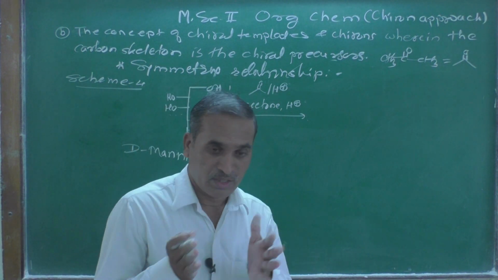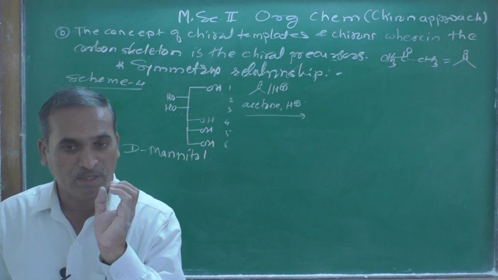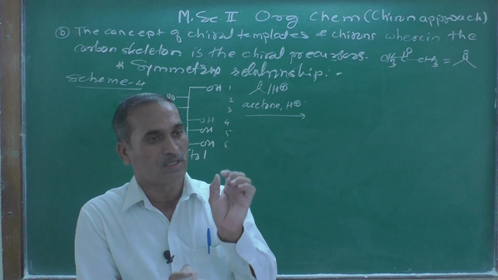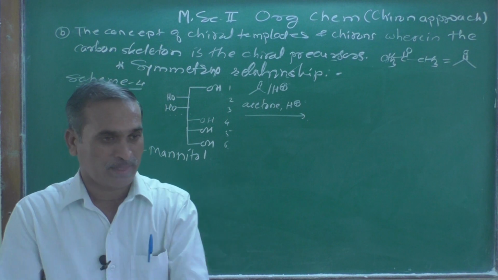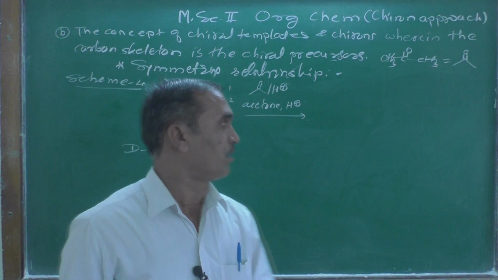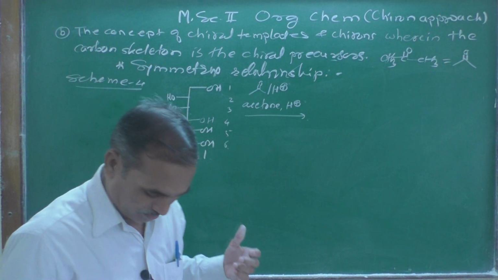Because we are learning stereochemistry, we are always going to follow the chiral approach, meaning chirality must not be destroyed here, and that's why the symmetry element is very essential as far as this mannitol is concerned.